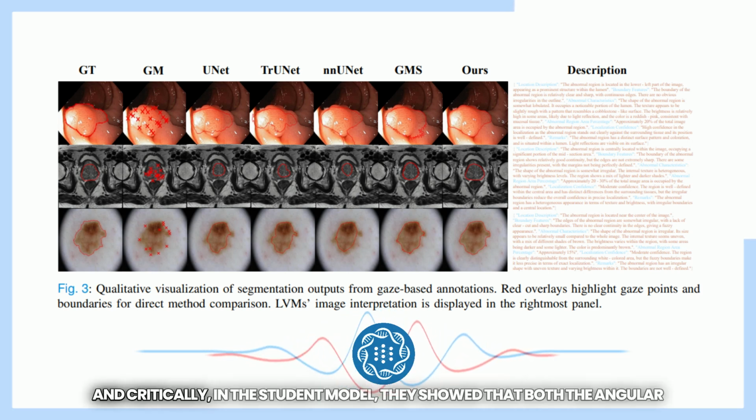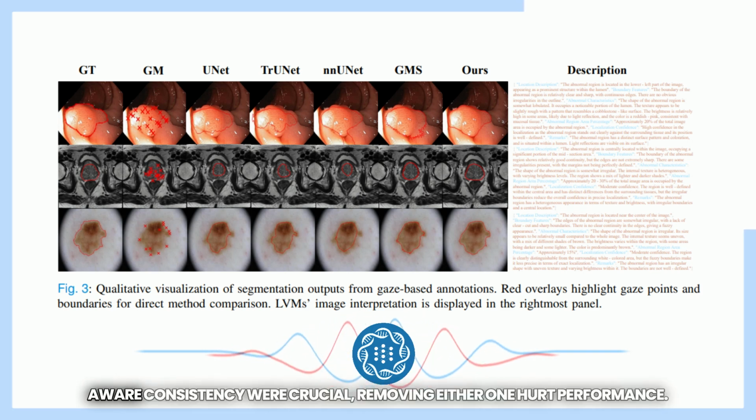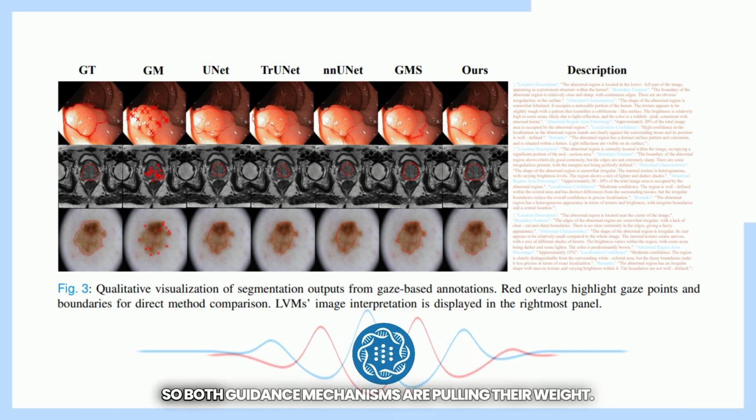Yes. And critically, in the student model, they showed that both the angular feature consistency, AFC, for feature alignment, and the confidence-aware consistency, CWC, were crucial. Removing either one hurt performance. So both guidance mechanisms are pulling their weight. Correct.